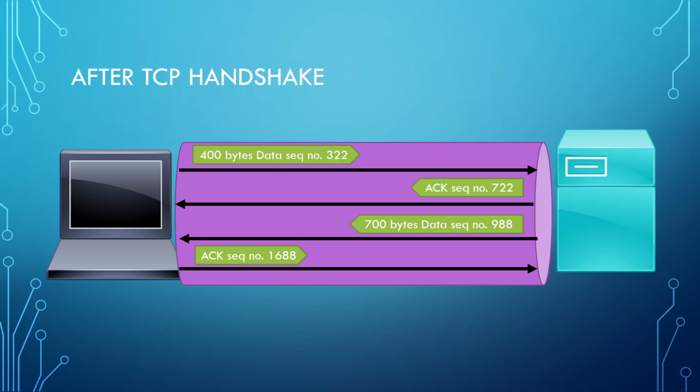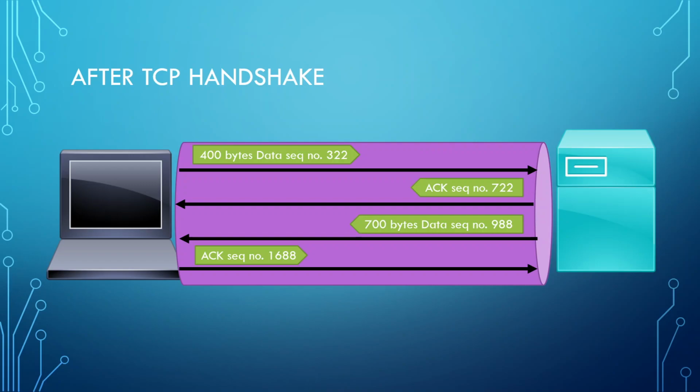So in this case, if the client sends over a packet with 1000 bytes of data, that packet is going to have a sequence number of 722, and it's going to carry 1000 bytes of data. What do you expect the acknowledgement number to be from the server once it's received that? If you guessed right, it's going to be 1722.